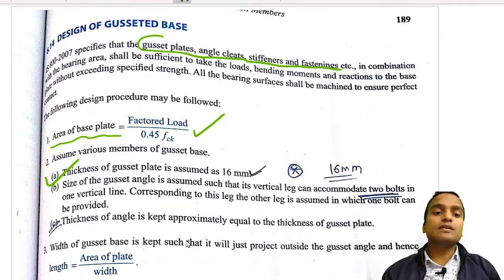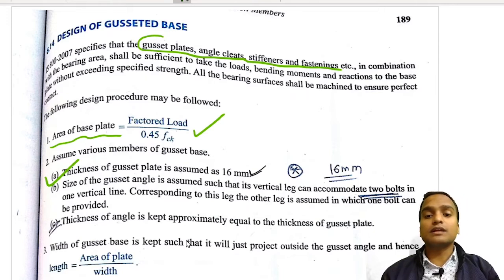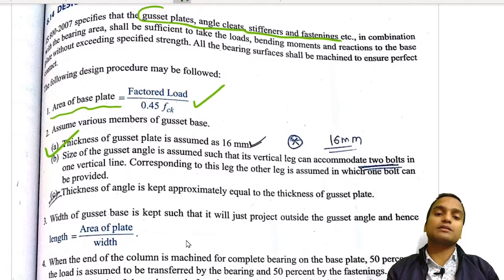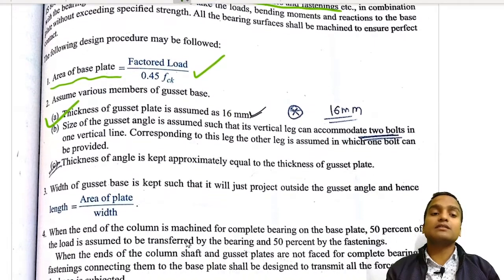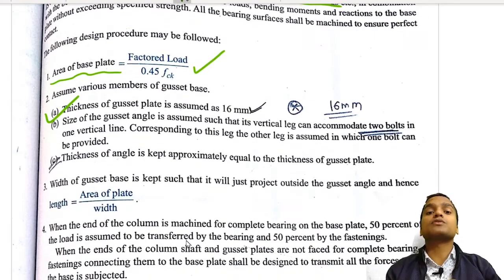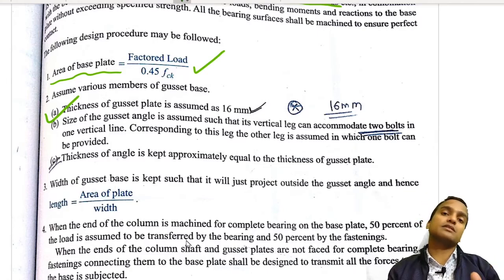And then size of gusset angle is assumed such that its vertical leg can accommodate 2 bolts in one vertical line. Corresponding to this leg, the other leg is assumed in which 1 bolt can be provided. And finally, the thickness of angle is kept approximately equal to the thickness of gusset plate. And thickness of gusset plate is 16 mm.